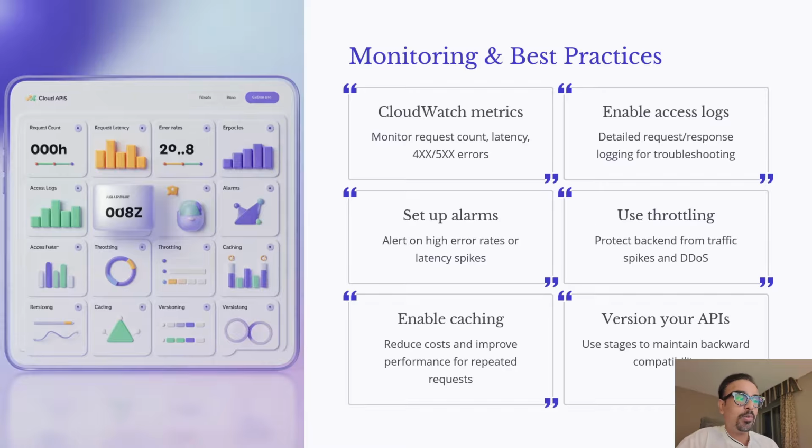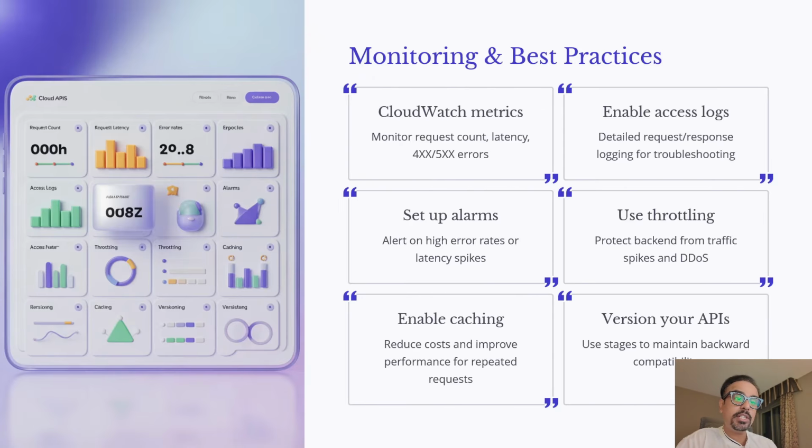You can also set up CloudWatch alarms to alert whenever you have a spike in latency for your APIs, or there can be any API throttling also. That's why it's recommended that you keep the CloudWatch metrics enabled and you have appropriate permissions for that accordingly.